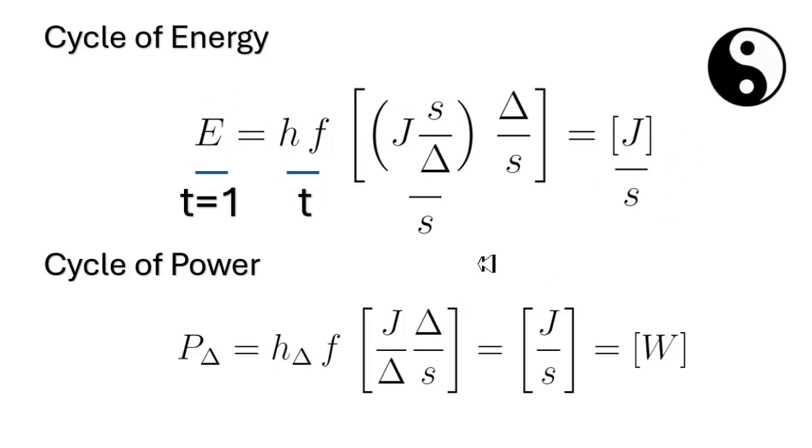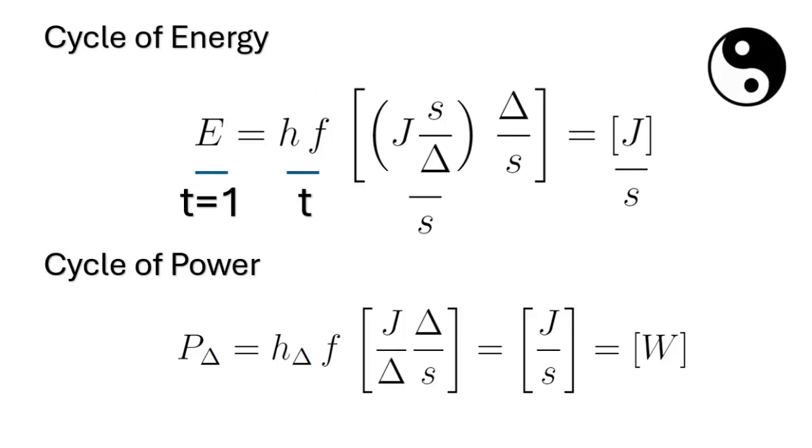And so what we end up with is this. The second terms cancel, and so we end up with joules per cycle, and the output of the equation has units joules per second, which are the units of power, the watt. Okay, so this is how we convert Planck's energy equation to a power equation.